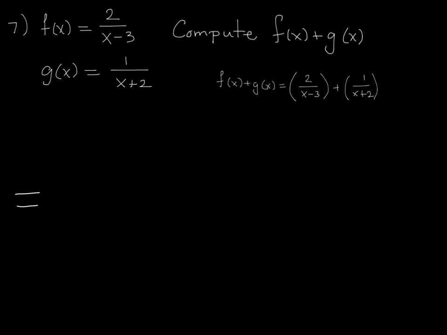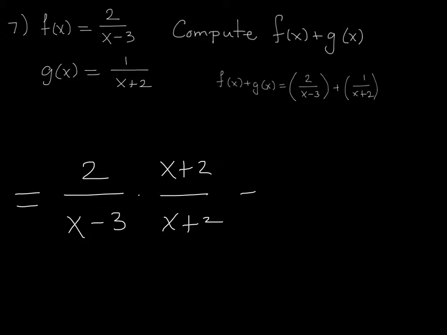Okay, now we need to get these two fractions to have a common denominator. So I'm going to multiply the first fraction by x plus 2 over x plus 2. And then I'm going to add the second one by x minus 3 over x minus 3.